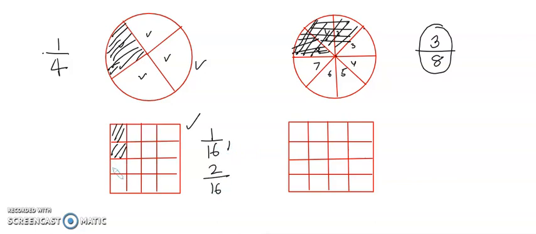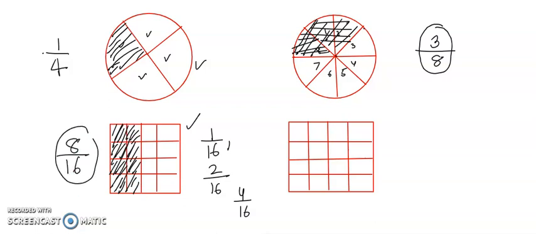If you shade 4 parts, we will call them 4 by 16. Shade 4 more, and the total is 8 now. So we have shaded 8 parts, which is 8 by 16. So this is how we represent.